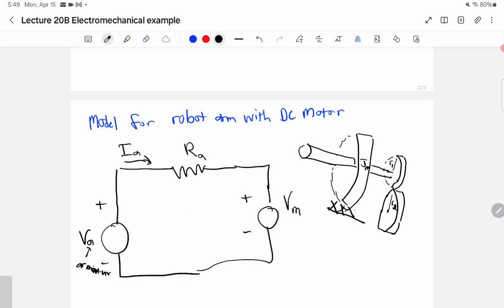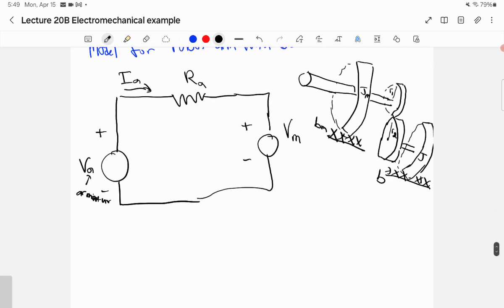Here we're going to have two pieces that are connected through a gearbox, and this is going to be when we pair this electrical circuit with this mechanical rotational motion. Then we will get our robot arm.